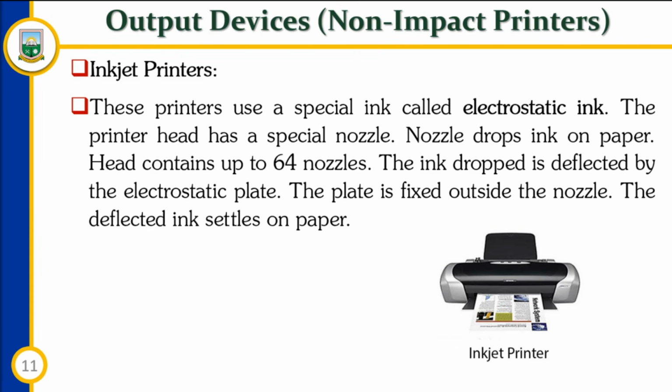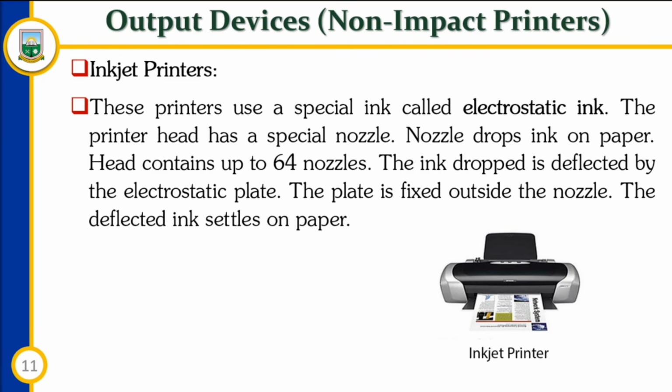Printouts that are produced by the inkjet printer are of high quality as compared to the dot matrix printer. And the high quality output can be produced because of the presence of the 64 nozzles to aid in the printing process. The inkjet printer can also print characters in any variety of shapes.